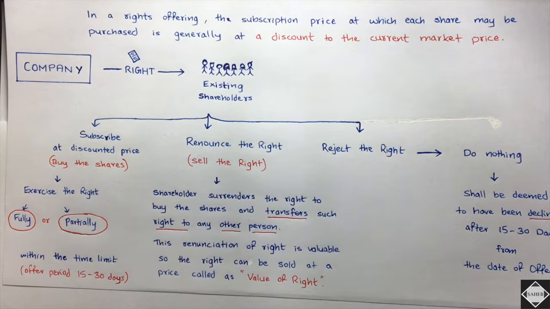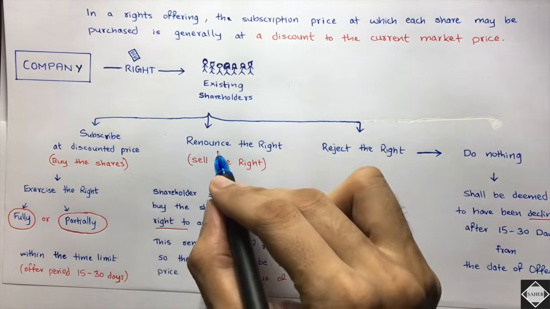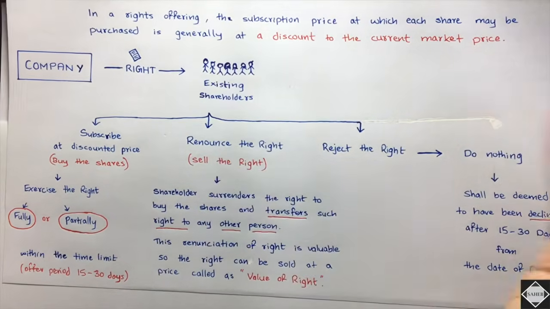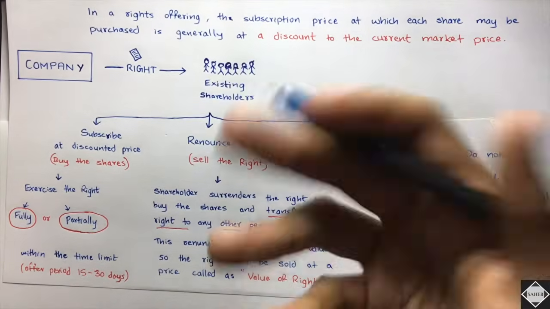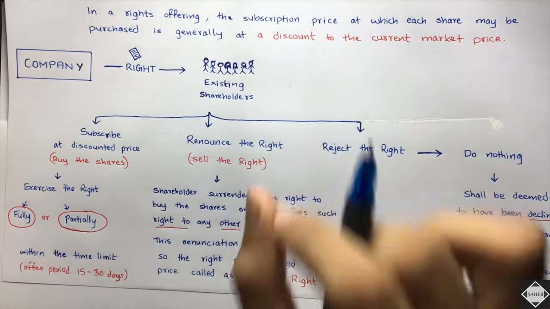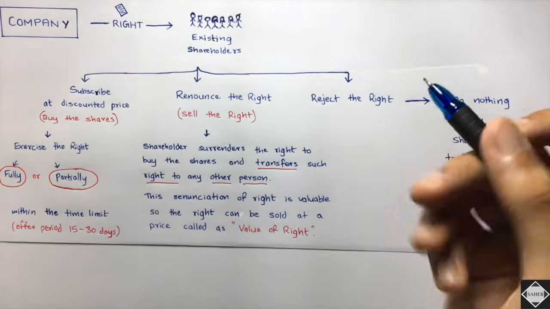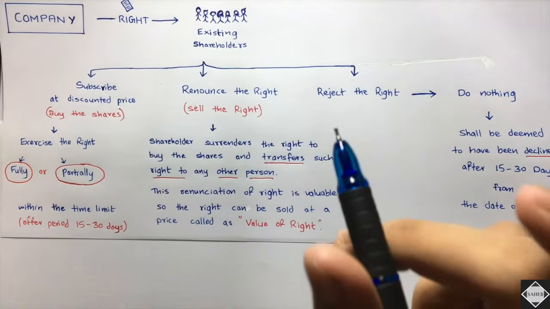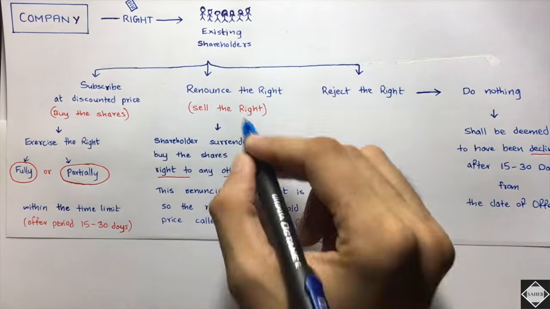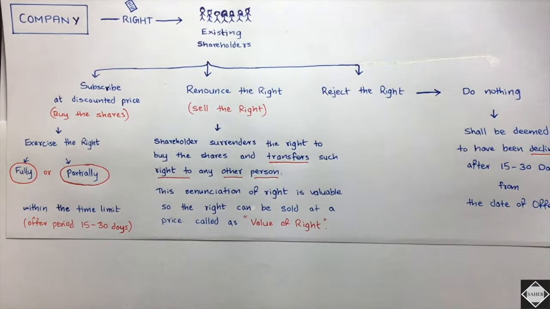Under renunciation, existing shareholders are selling the right to any other person. At what price will they sell? That is the million dollar question. That price is the value of right. The maximum price at which the right can be sold is the value of right.